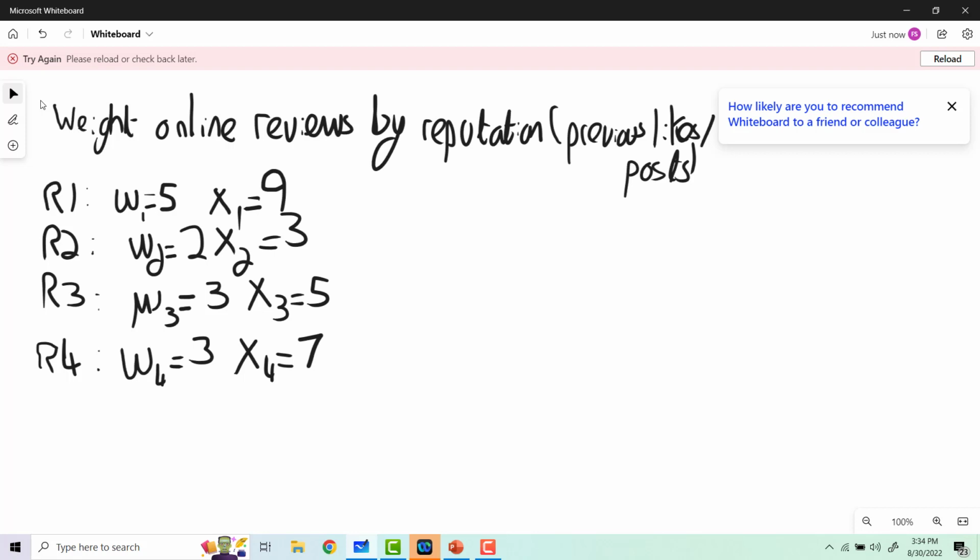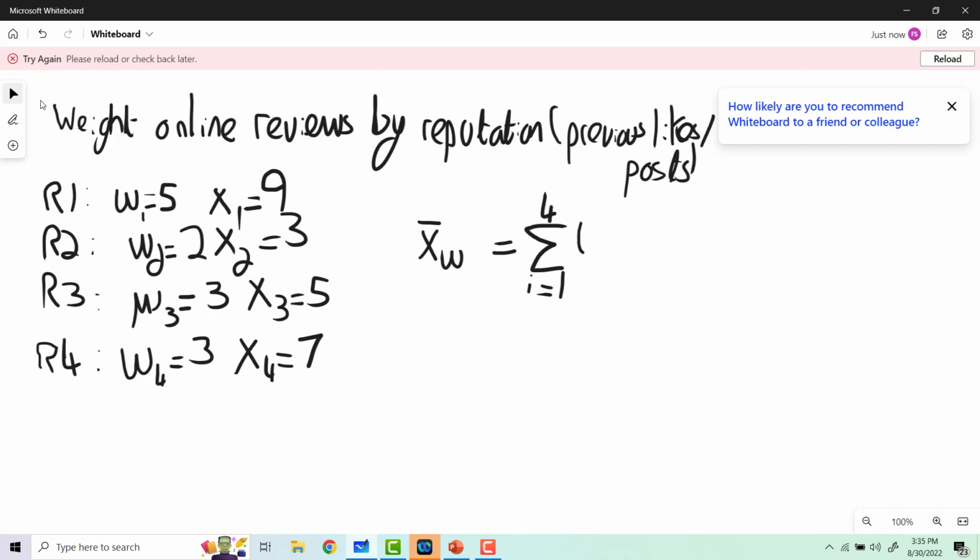So we're going to define a weighted mean, and we're going to call it x bar W, equals, and again, we still have n review scores. In this case, it's going to be 4.